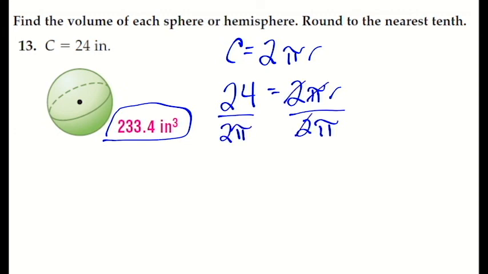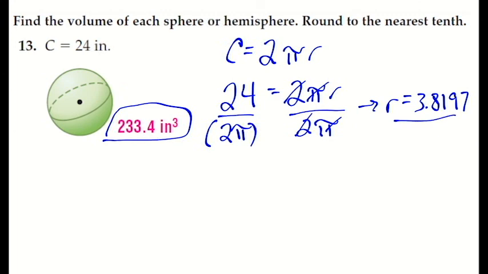Our 2's would cancel, our pi's would cancel. We're going to get a value for r. Now when we take our 24 divided by 2 pi, you have to make sure that you divide by 2 pi in parentheses. Remember, 2 pi is approximately 6. So 24 divided by 6 is 4. So we know our answer for this should be approximately 4. If we divide that out, we should get exactly 3.8197.